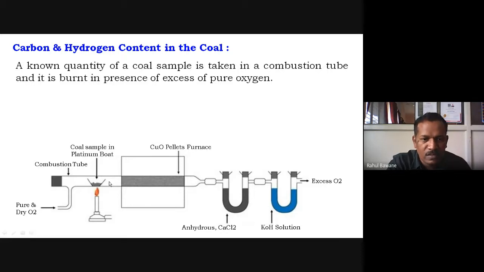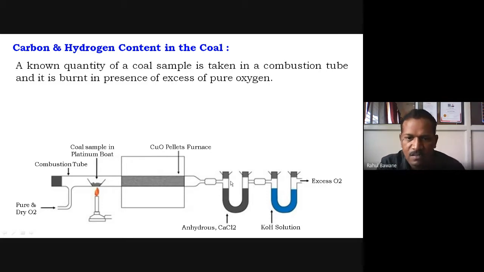The fumes contain carbon dioxide, water vapors H2O, and possibly some partially burned CO, carbon monoxide. These gases pass through this furnace, which promotes the reaction, so the partial combustion products get converted completely into CO2 or H2O.